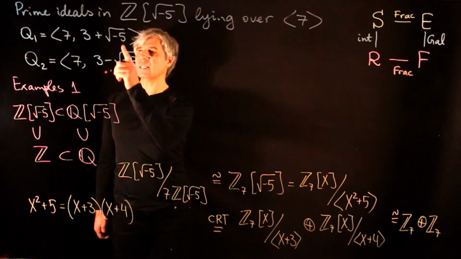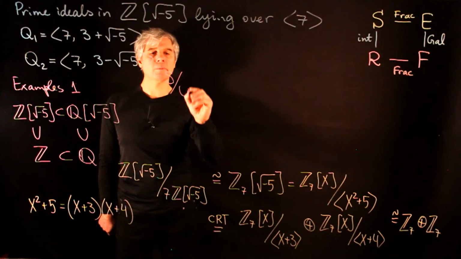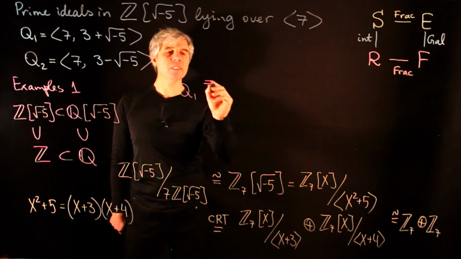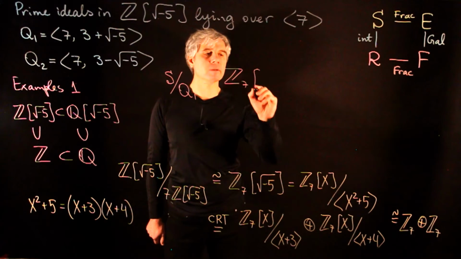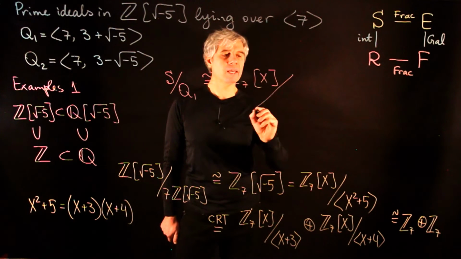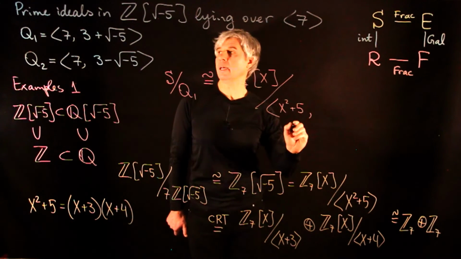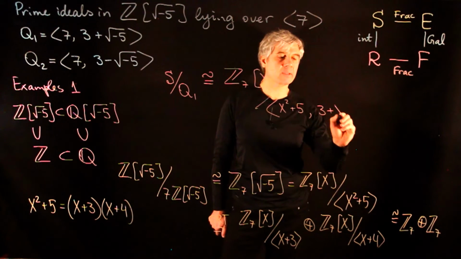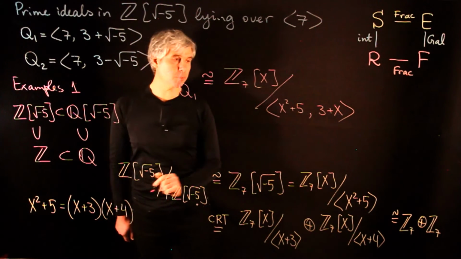To see that these ideals are prime in S, we take S quotient by Q1, and we see that this is isomorphic to Z_7[x] quotient by the ideal generated by x squared plus 5 and 3 plus x. But x squared plus 5 is a multiple of x plus 3.